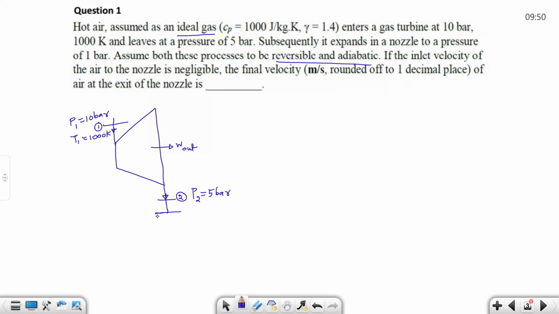So maybe we take this as a nozzle, and the gas comes out. Thus we take it as state 3 with a pressure P3 of 1 bar.